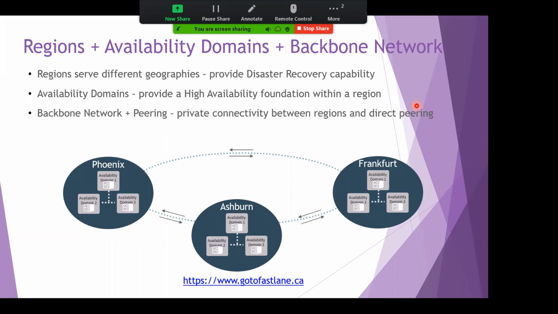It also makes it possible to replicate the data across availability domains in the same region. And when we see the demos, you will see how easy it is for you as a customer to select a particular region and then an availability domain within that region to configure your cloud. Okay.